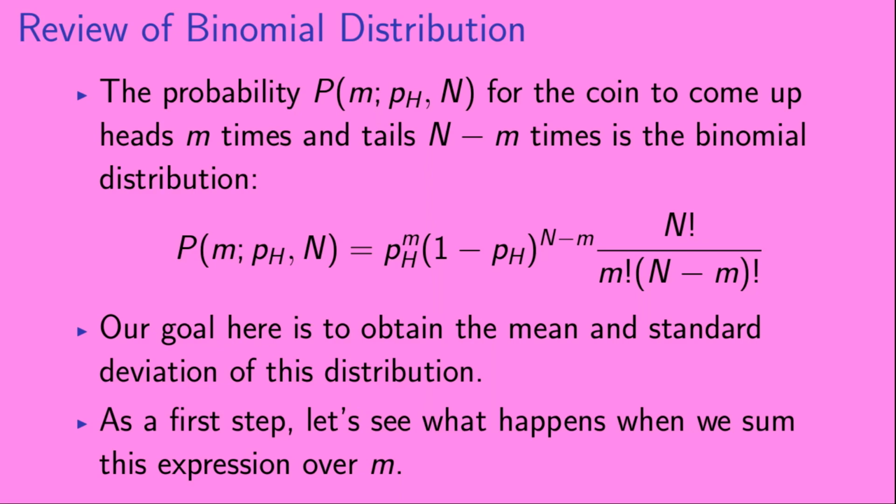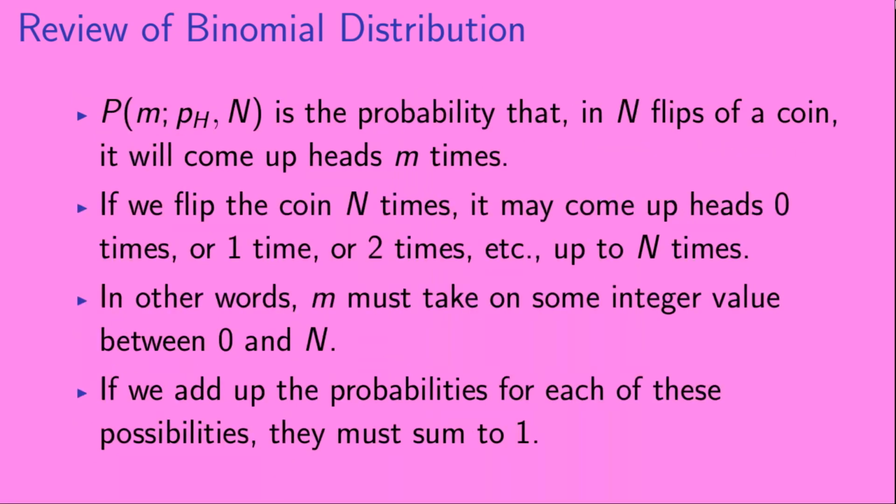As a first step, let's see what happens when we sum this expression over m. So, p of m, given pH and n, is the probability that in n flips of a coin, it will come up heads m times.